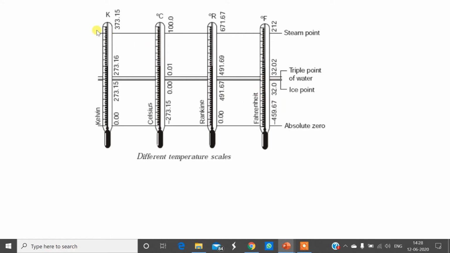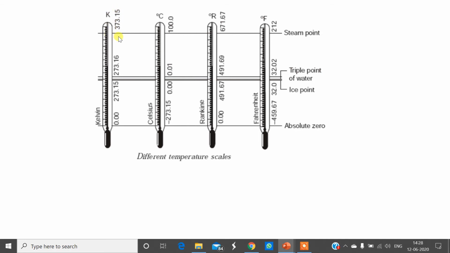Now it is the boiling point. The upper line represents the boiling point or the steam point of water. Water boils at 100 degrees Celsius. In Celsius scale, boiling point is represented by 100 degrees Celsius. In Kelvin, we have to just add 273.15 to 100.